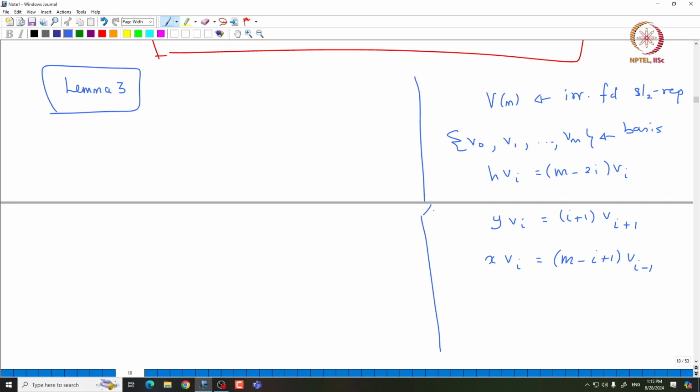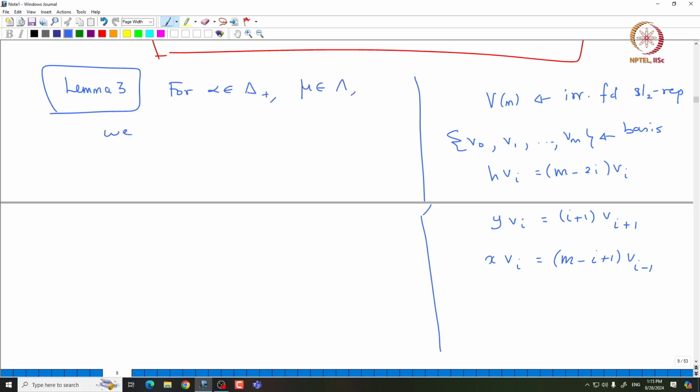Now, if we use these formulas, one can actually compute the trace of y alpha x alpha on this V mu. Let us do this for alpha in delta plus and mu in lambda.